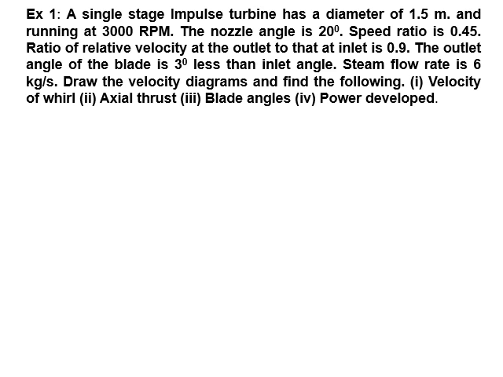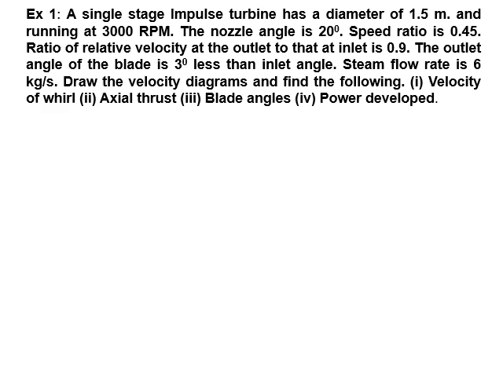The outlet angle of the blade is 3 degree less than the inlet angle. Steam flow rate is 6 kg per second. Now draw the velocity diagrams and also find the following. First one is velocity of wheel, second one is axial thrust, third one is the blade angles, fourth one is power developed. So after reading this numerical, list out all the given data.